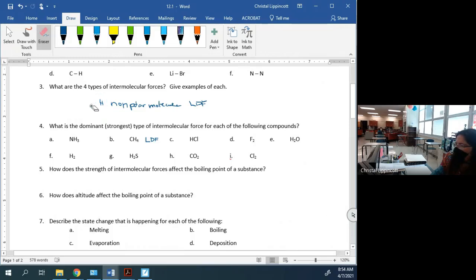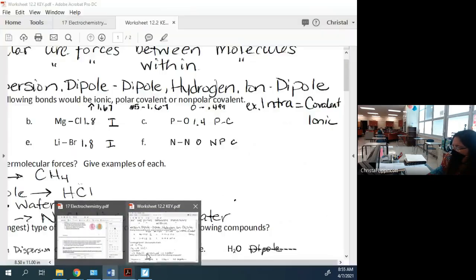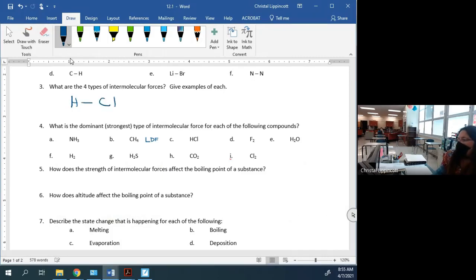Okay, the next one on my answer key that I gave was HCl. So that's the dipole-dipole here. So you've got your hydrogen and you've got your chlorine here. And if we look at the electronegativity differences, we can see that this is going to be a polar bond.